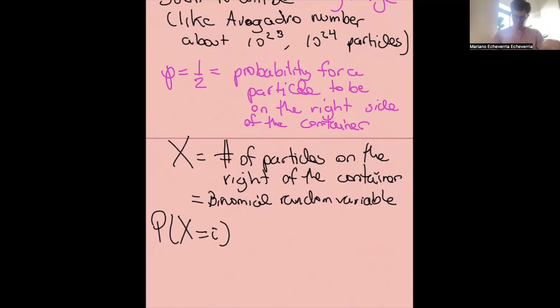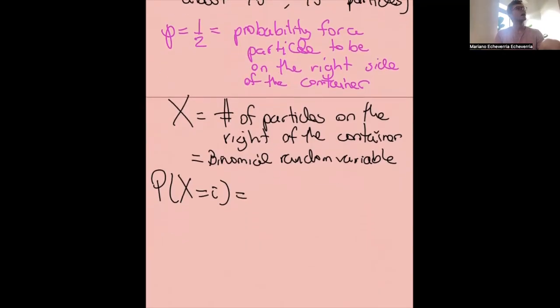It was n choose i, where n was the total number of trials. Here we have 2n particles, so it's 2n choose i, because you have to decide which i of these 2n go to the right side of the container, and then p to the i, q to the 2n minus i.